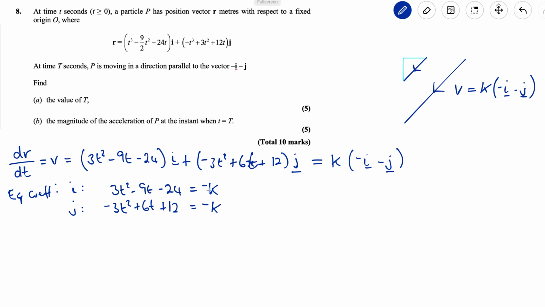So I want to eliminate k because I'm trying to find t. So if I subtract that second from the first, 3 minus −3 is 6t² − 15t − 36, and that equals 0. So to factorise this, I'm going to make my life easier by dividing through by 3 first.